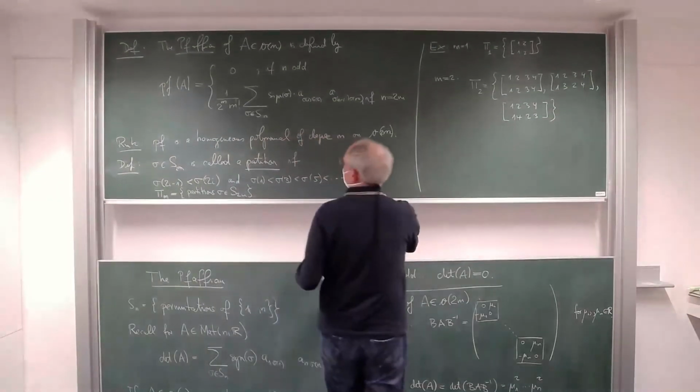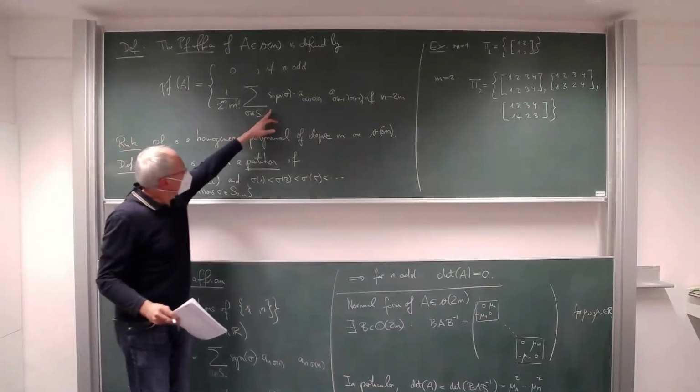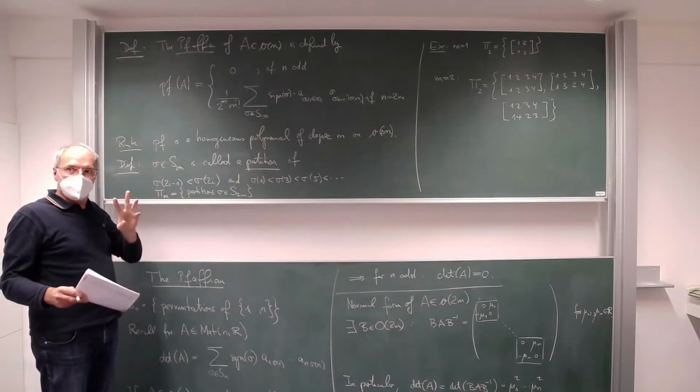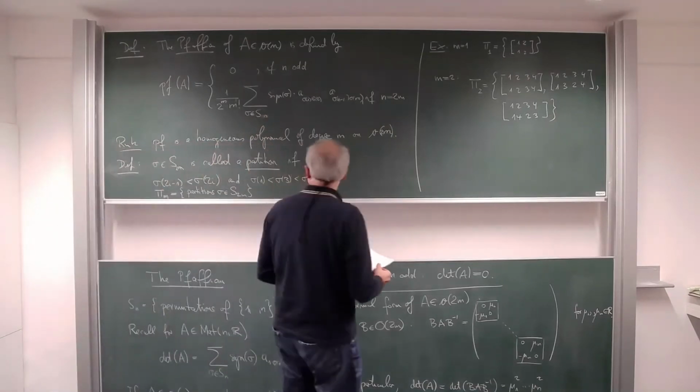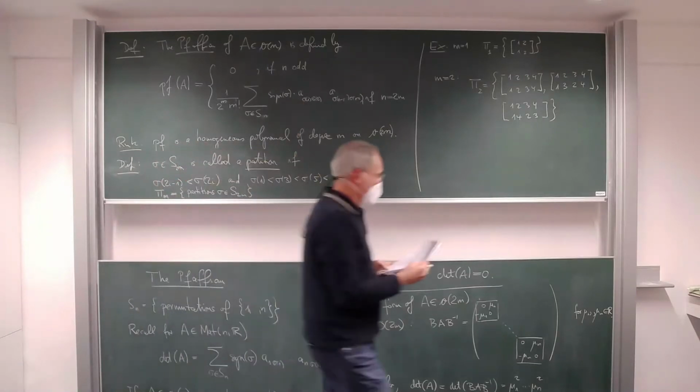And now, why? My point is now, each permutation can be converted into a partition with 2 operations. And these 2 operations basically do not affect the term that we have here. So let's see.